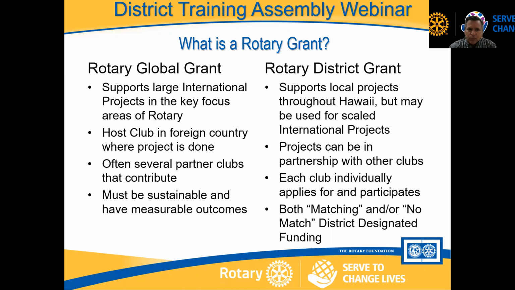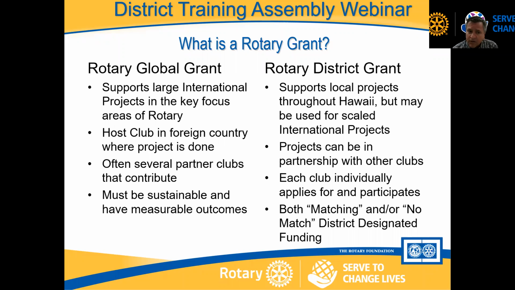So what is a Rotary grant? Well, there are two main types of grants that the district actually can be involved in. The first one is a global grant. These are generally large international projects, and specifically in the key focus areas of Rotary International.